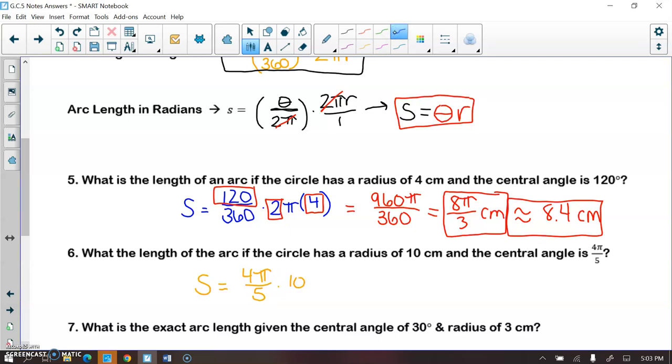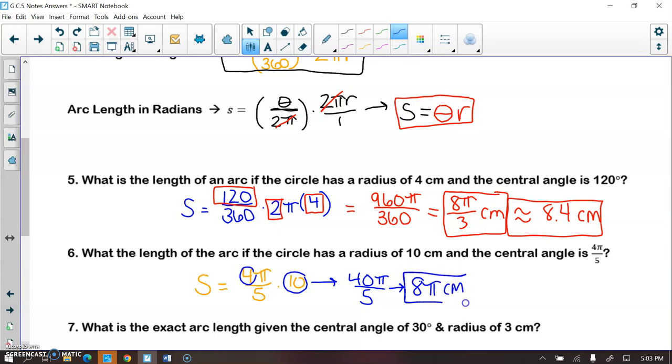So I'm going to write this in exact format as well, and then also round, because it doesn't ask us. So I'm going to multiply the 10 times the 4 to get a 40 pi over 5. Well, 40 divided by 5 actually works out nicely. It's an 8 pi centimeters.